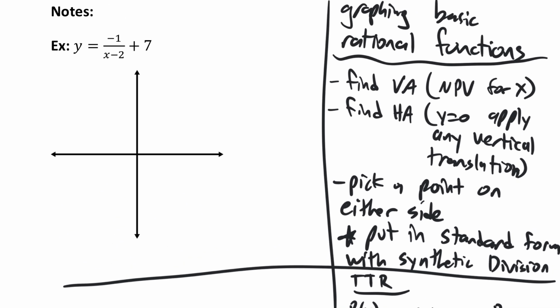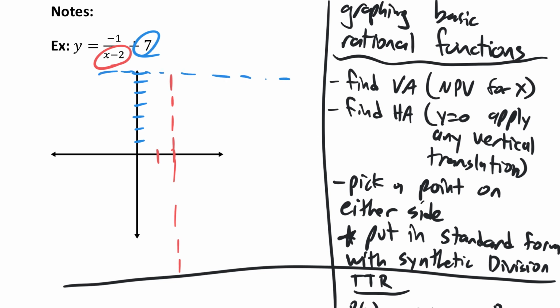Okay, popping back to our example though, let's see if you can go ahead and sketch this. We have y equals -1 over x minus 2, plus 7. I've already put it in standard form for you, so you just need to find the asymptotes, pick some points, and give it a sketch. All right, so assuming you did that, here we have 1, 2, because of this. There's our vertical asymptote. Here we have 1, 2, 3, 4, 5, 6, 7.